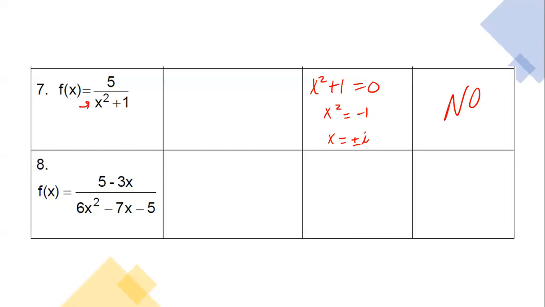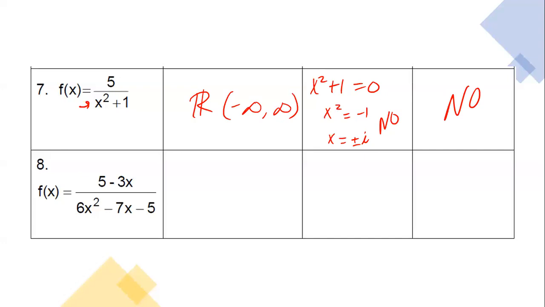No. An asymptote is a boundary line. So guess what that means? There are no vertical asymptotes. And because there are no discontinuities, my domain is all real numbers. It goes from negative infinity to positive infinity.